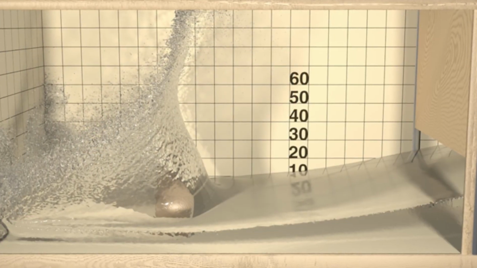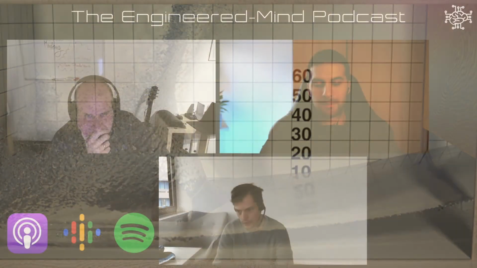Then we have this famous marine dam break example, which is also pressure-driven flow, where they also have pressure forces that are measured in the real experiment. We also have a publication on this.